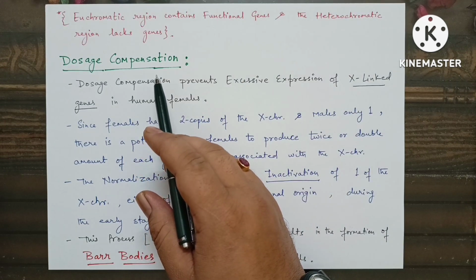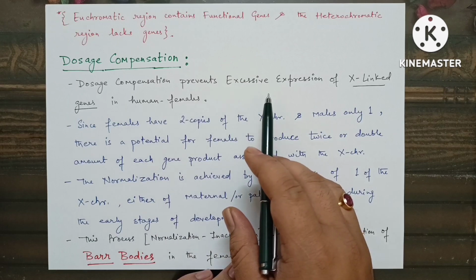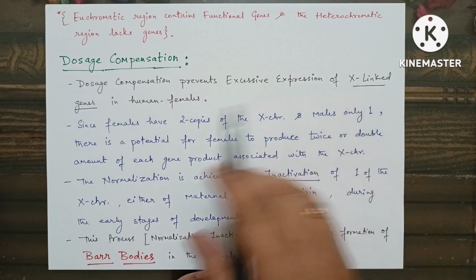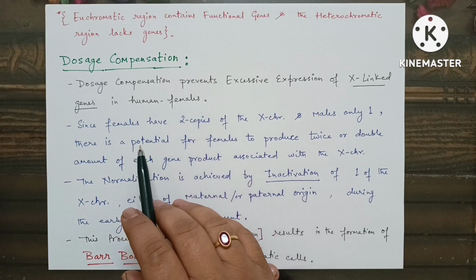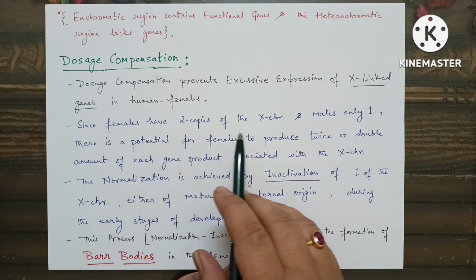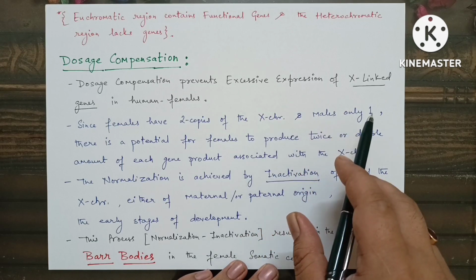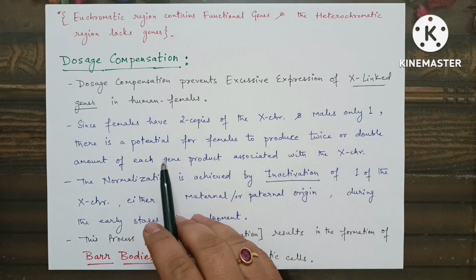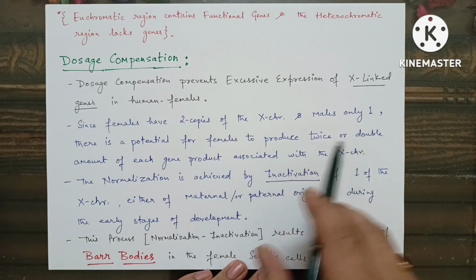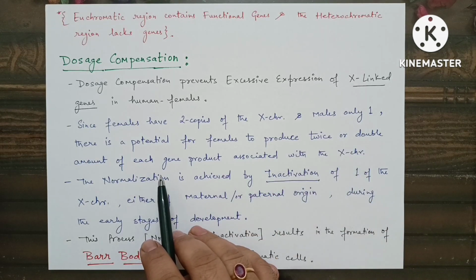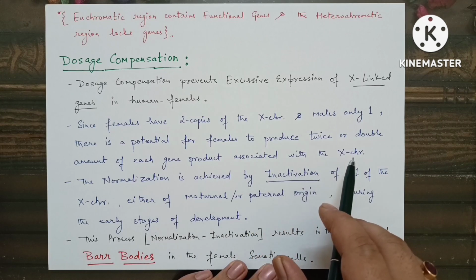Dosage compensation. Dosage compensation prevents excessive expression of X-linked genes in human females. Since the females have two copies of the X chromosome and males have only one, there is a potential for females to produce double the amount of each gene product associated with the X chromosome.